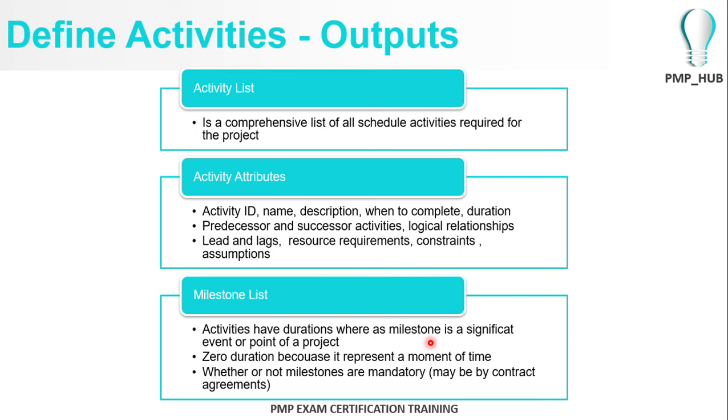You can have the activity ID, name, and description, what the predecessor activity is, what the successor activity is, and if there's a logical relationship, what the relationship is between the predecessor and the successor activity, the lead time and the lag time, how many resources are required, any constraints, any assumptions for that activity that you have defined, or any risk that you perceive for that activity. So all these attributes per activity can be cataloged and detailed out.